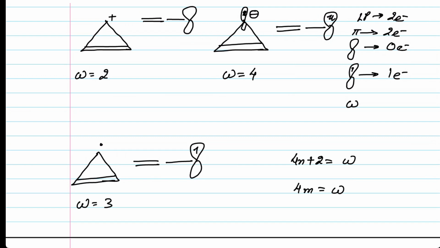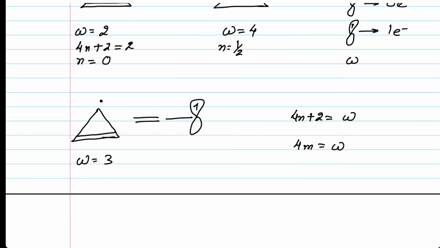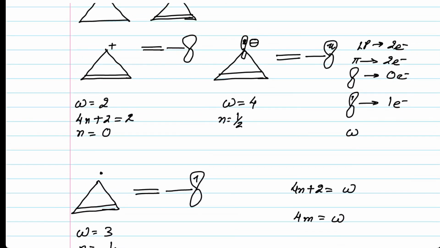In the first case, when we put the formula 4n plus 2 is equal to omega, that is equal to 2, the value of n turns out to be 0. In the second case, the value of n turns out to be 1 by 2. In the third case, the value of n turns out to be 1 by 4.